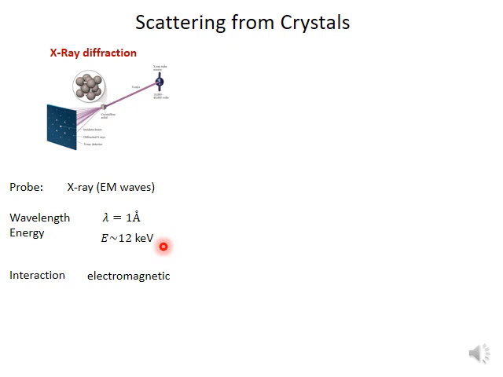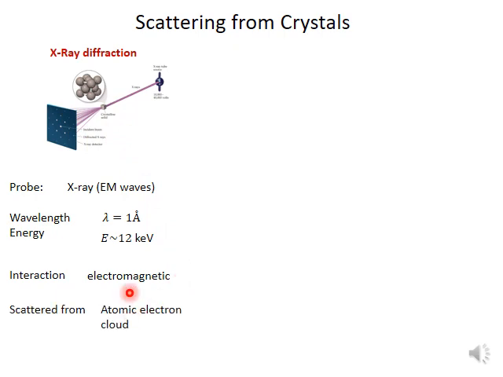So this incident probe, which is an electromagnetic wave, is incident on a crystal, and the crystal has atoms in it, and atoms have nuclei bound by electrons. Because this electromagnetic wave has an electric part and a magnetic part, the electric part can interact with the charges via dipole interaction, and so the interaction in this case is predominantly electromagnetic.